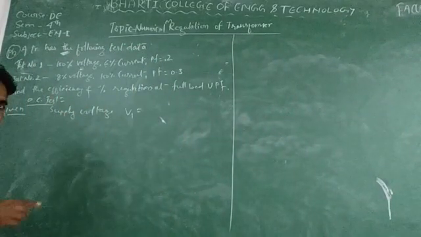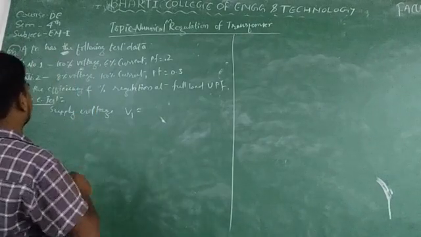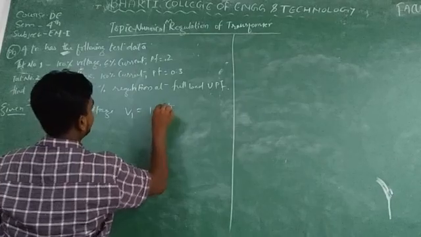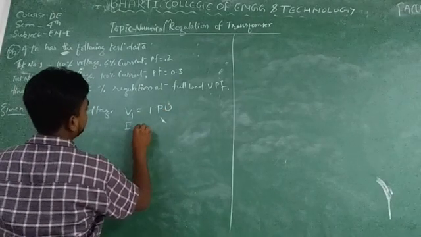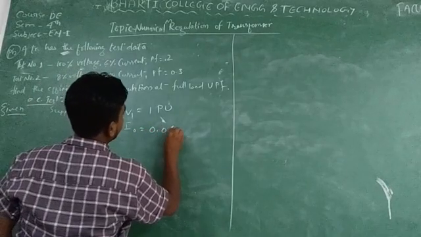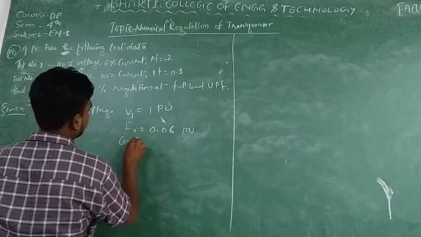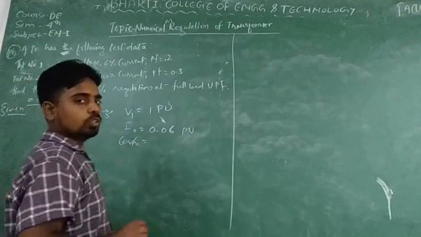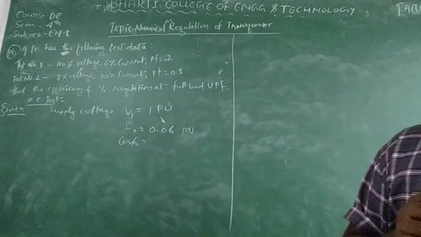I am considering all the data in per units. So 100% means 1 per unit, and the current I0 is 6%, which means 0.06 per unit, and the power factor cos phi naught is equal to 0.2.